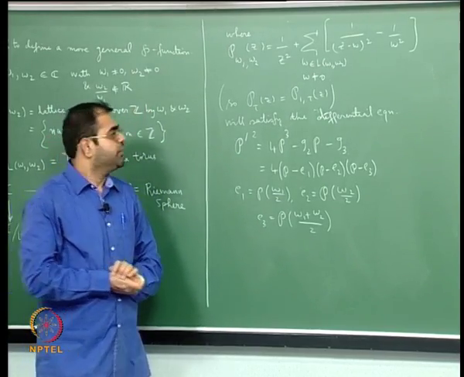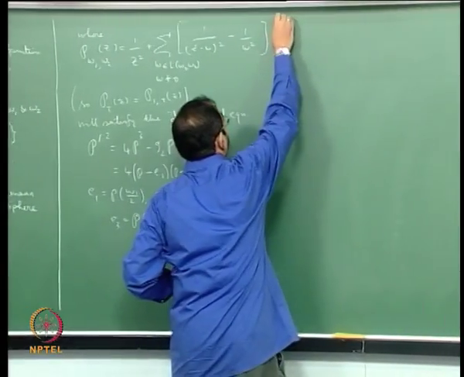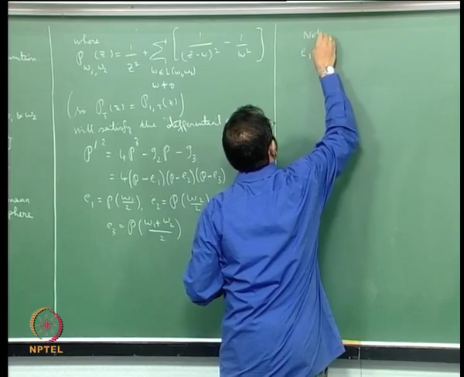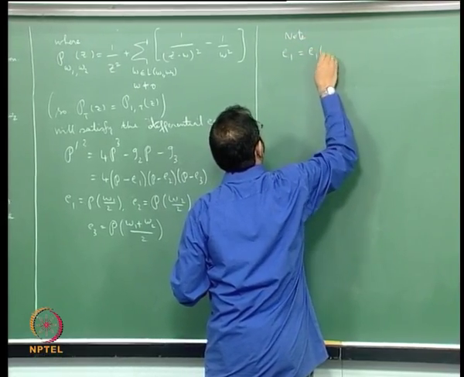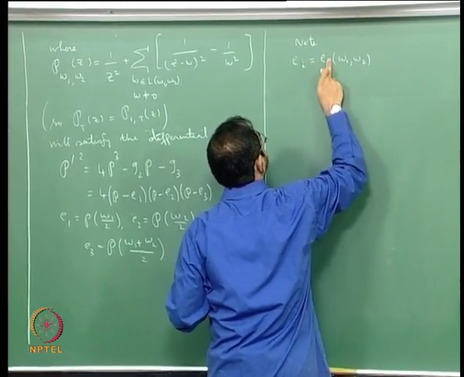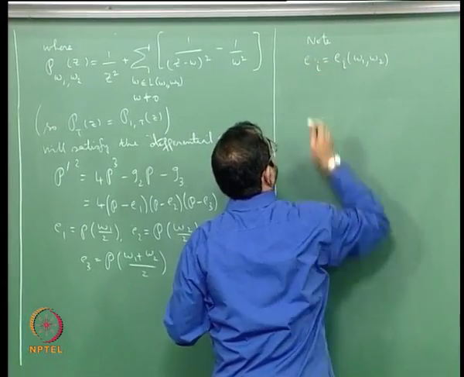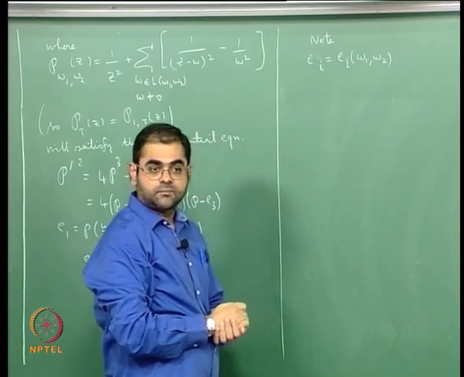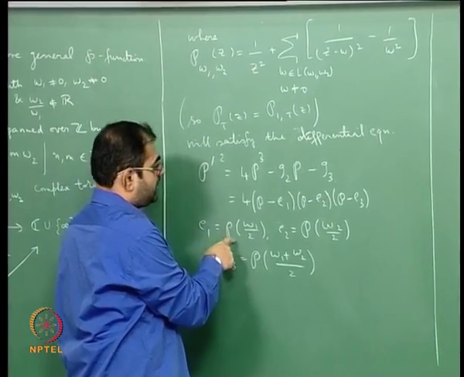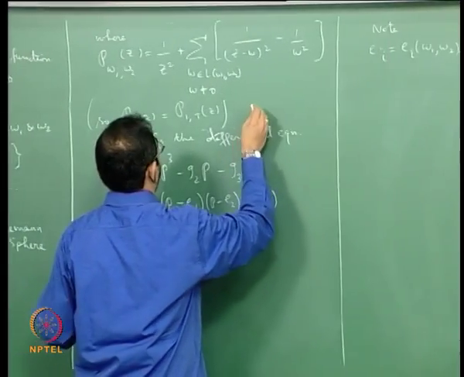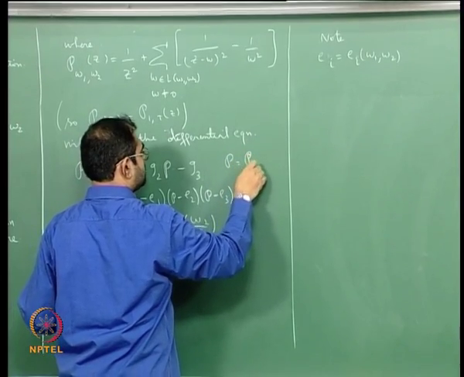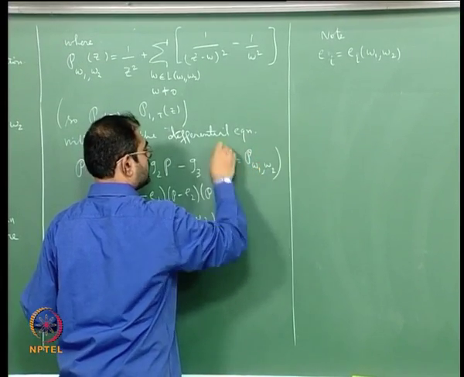Okay, so let me write that down. So you see, note that each of the E_i's is a function of omega 1 and omega 2. So from here onwards phi is actually phi sub omega 1 comma omega 2.